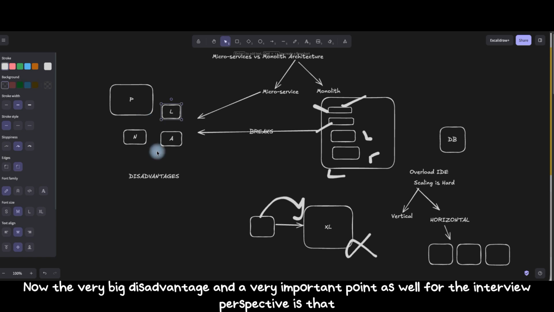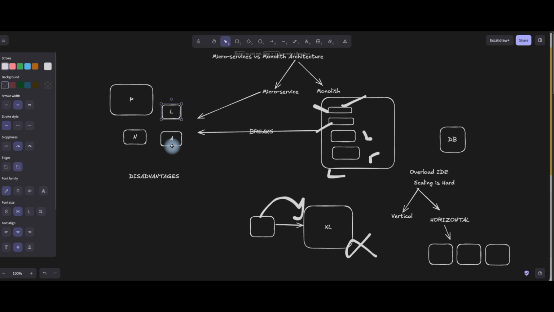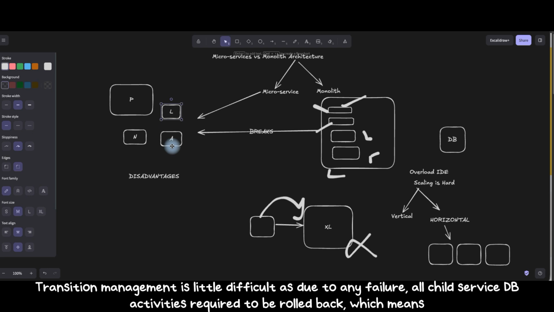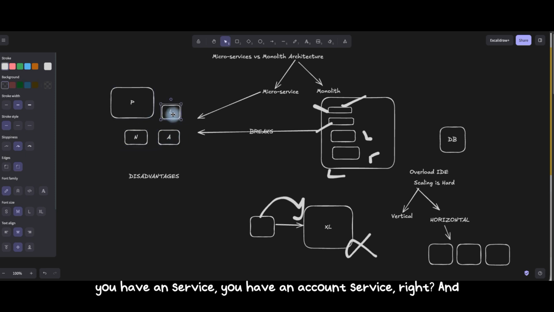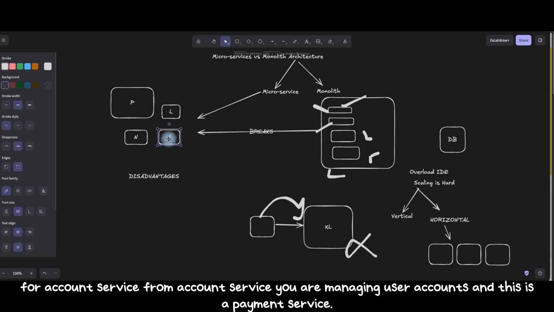Okay, now the very big disadvantage, and a very important point from the interview perspective, is that transaction management is a little difficult, as due to any failure, all child service DB activities are required to be rolled back. Let's say you have an account service, where you are managing user accounts, and this is a payment service.